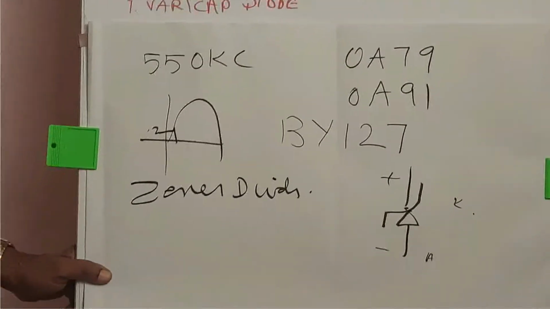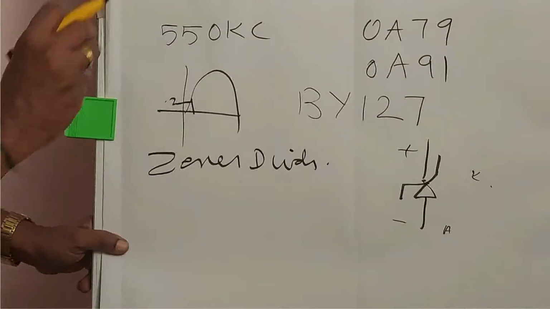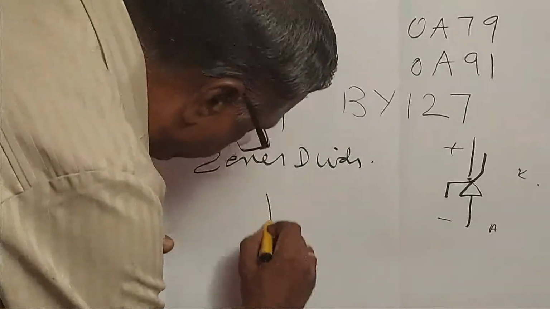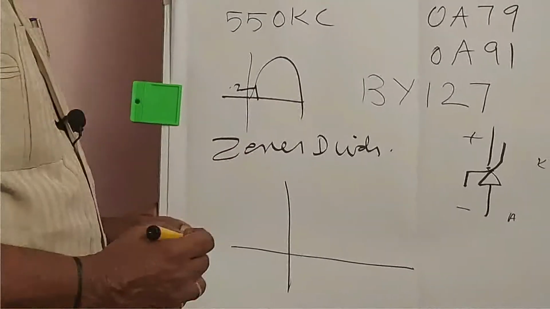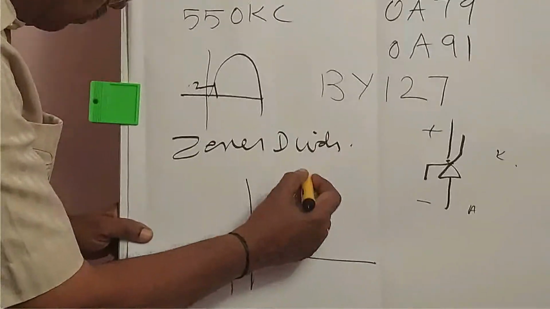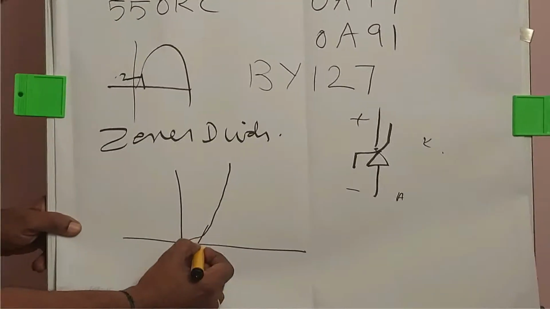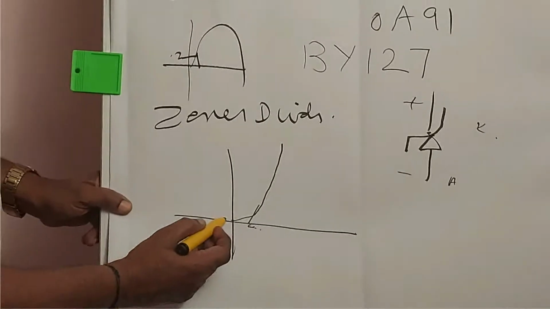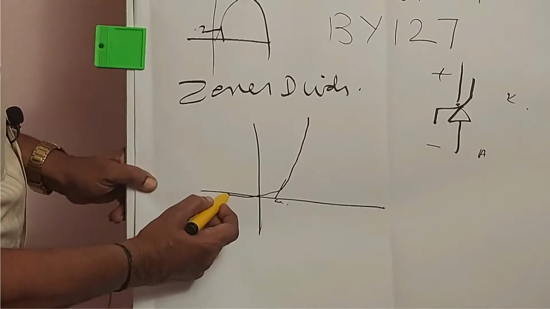The forward characteristics and reverse characteristics can be drawn like this. In the forward characteristics, it works like a normal diode only. Cut-in voltage. And in the reverse direction, it shows minimum current.